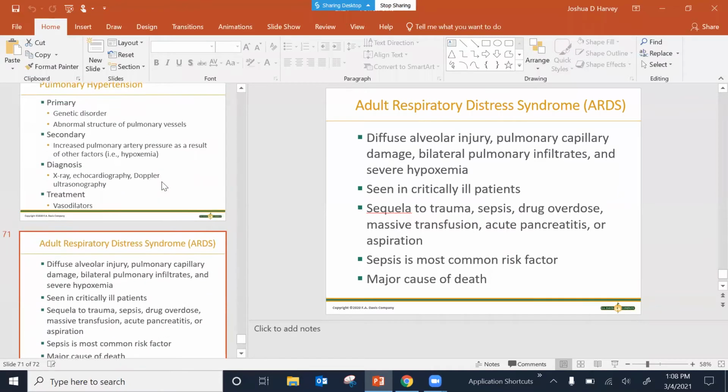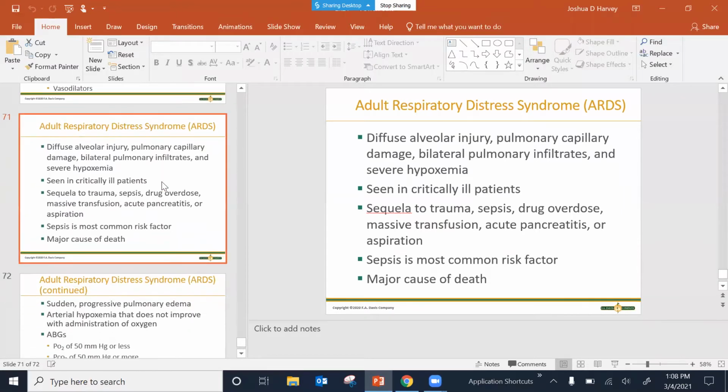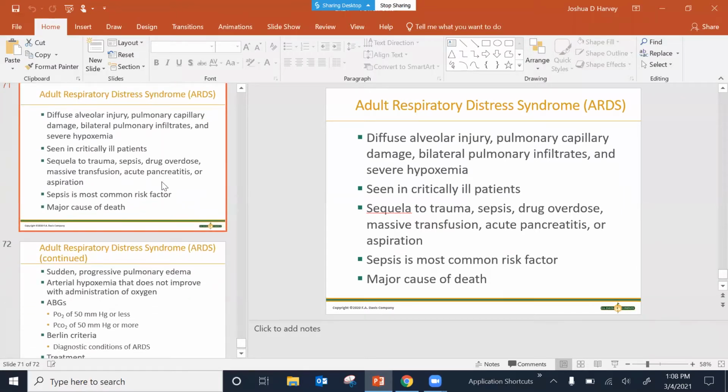And I want to make sure, there's only 2 slides on it in this PowerPoint, which I think is silly, but the book authors didn't know that we were going to have a pandemic this year. And so tons of people are dying from essentially ARDS. So we're going to talk about it a little bit in depth today.